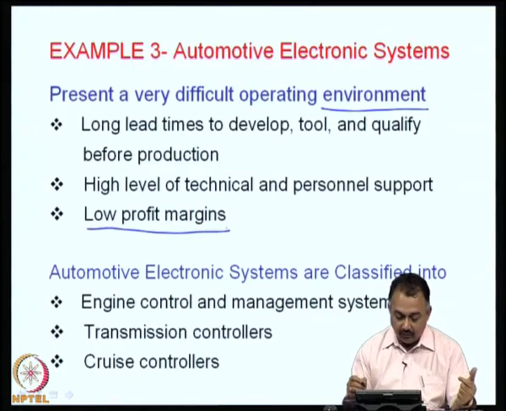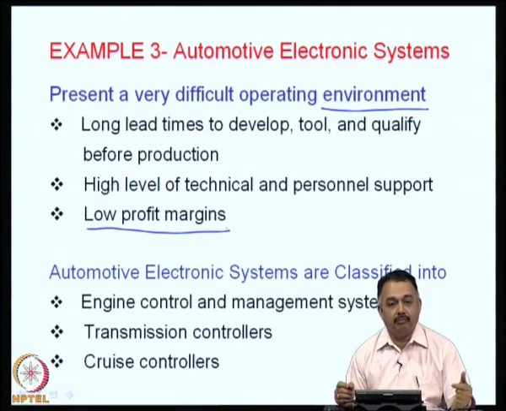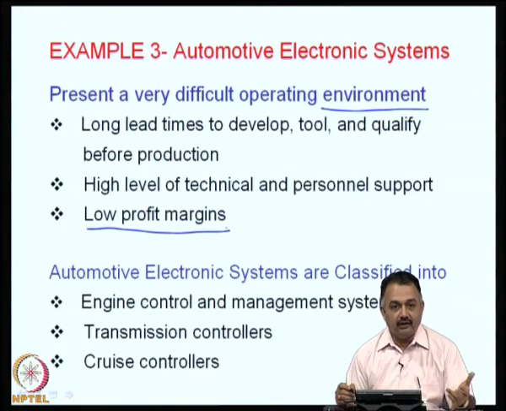Why do we say low profit margins? It is because if you compare with the cell phone or mobile phone industry, the volumes in automobiles are definitely less compared to the other industry. Therefore, profits will come only if you keep the price tag very high, and for that the electronic systems will have to be high end performance, and for that you will have relatively very few customers taking it.